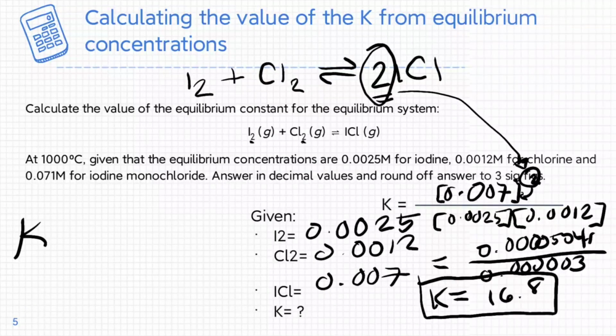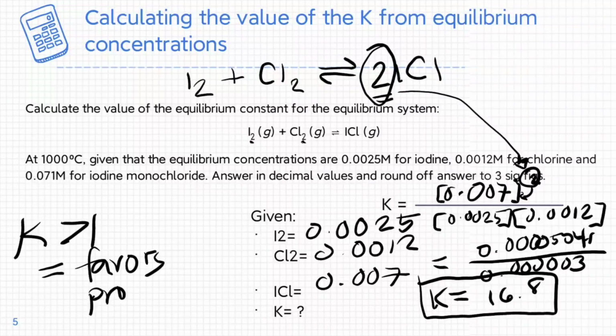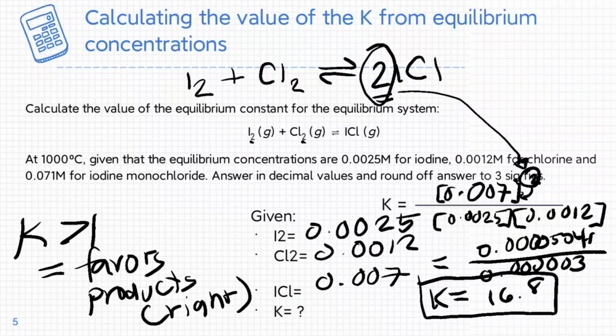So, if the computed value is greater than 1, it favors the products. Meaning, left or right? It is right. The equilibrium lies to the right because it favors the products. So, it is that simple, if that is the computation for the equilibrium constant.